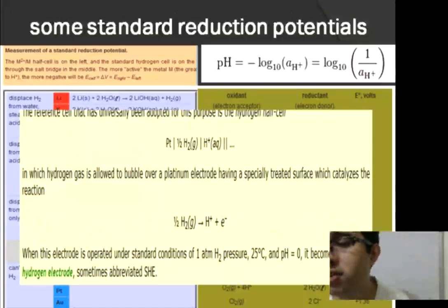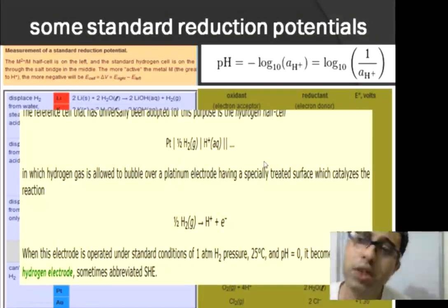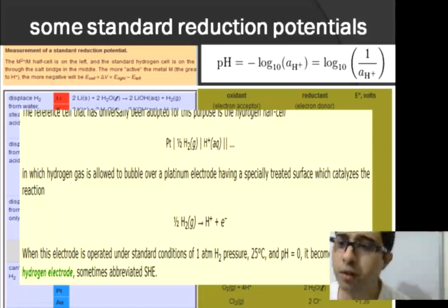Okay, so I just talked about how these reduction potentials are all measured with reference to hydrogen. For example, copper has a reduction potential of plus 0.337. That means if I combine copper and hydrogen together, with reference to zero potential, which is the hydrogen potential, the voltmeter will show 0.337 volts.